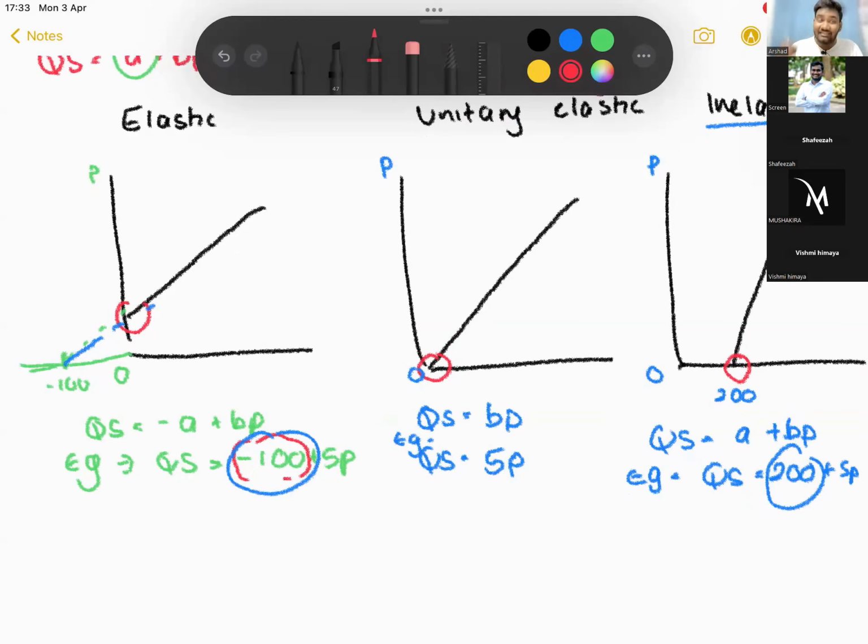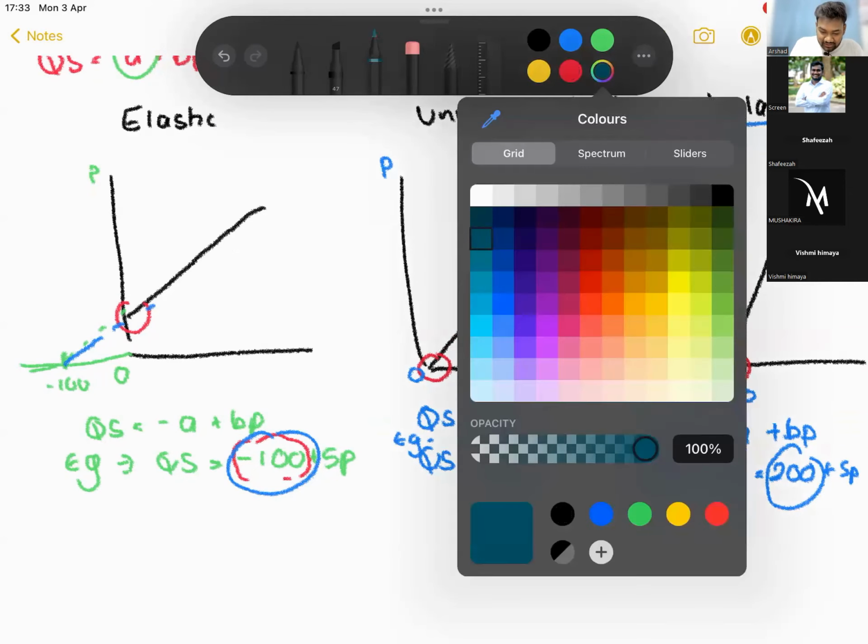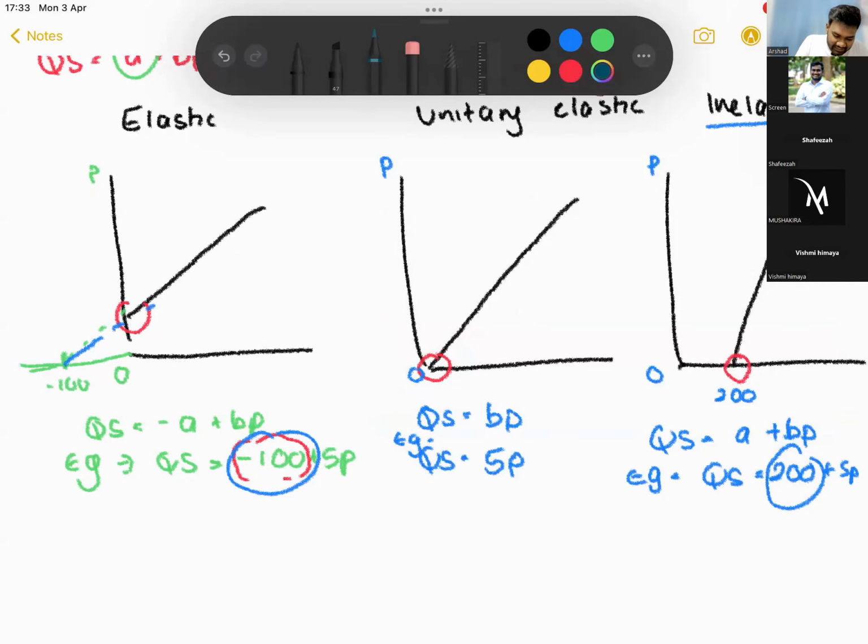Now let me level this up a little. For those who remember, can you all tell me, guys, at this point that I am circling here, in the elastic diagram, what is the value of PES? Is it 0? Is it infinity? Is it something else?